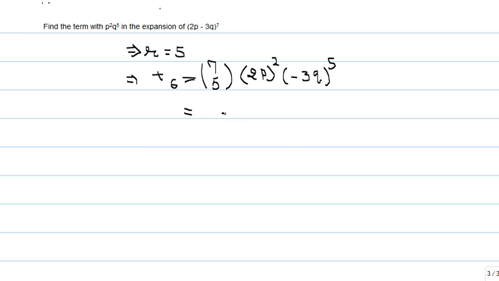Now if I solve 7C5 using your calculator, I'm going to get the answer as 21 times (2p) whole square. 2 square is 4, p square will be p square, now (minus 3) whole cube. If I take the cube of minus 3, that is going to be minus 243, so I will write 243, and then q raised to the power 5.